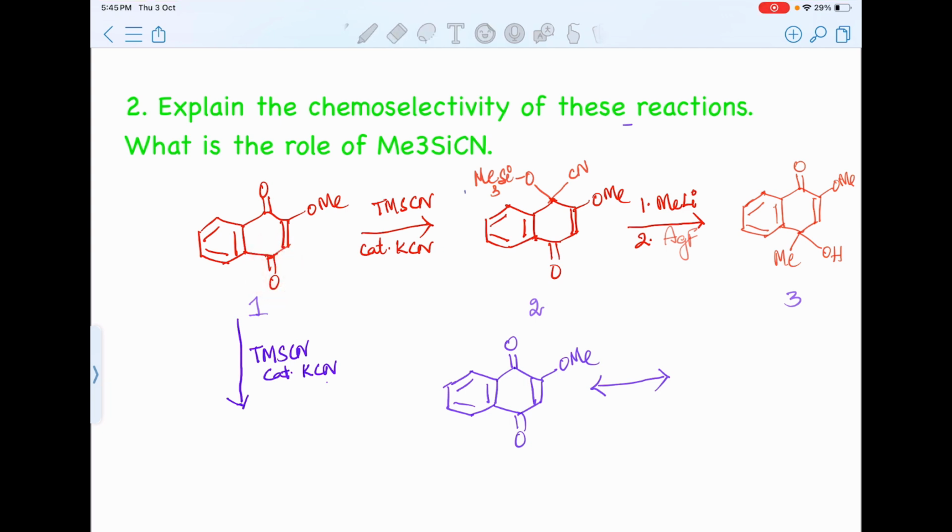So how do we know that this carbonyl is less reactive compared to this one? Here this methoxy group, we have lone pair of electrons on the oxygen, and this moves over here and this bond pushes on here, and this carbonyl is in conjugation with the methoxy group.